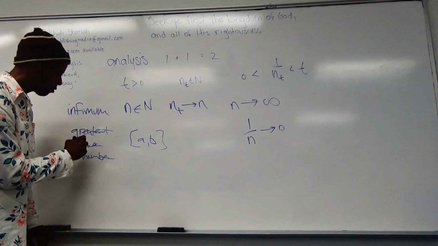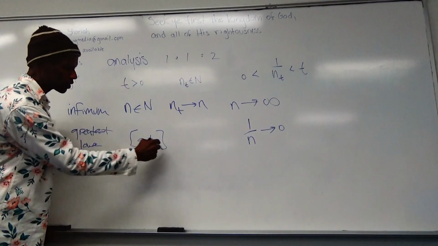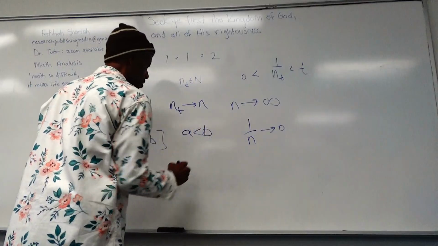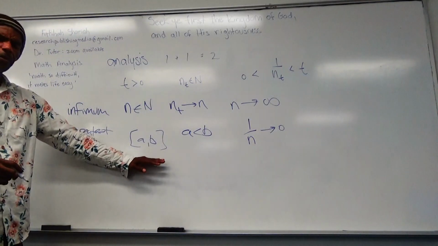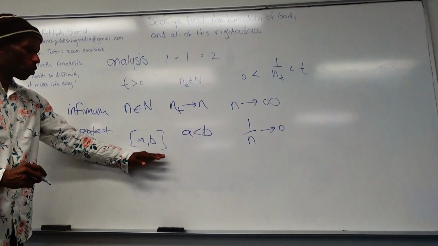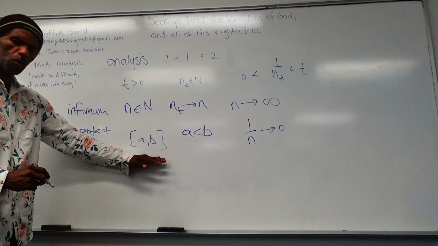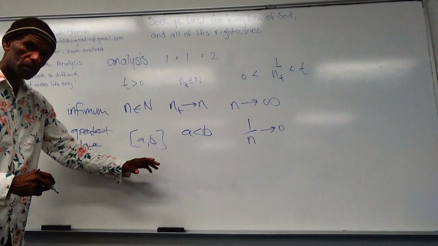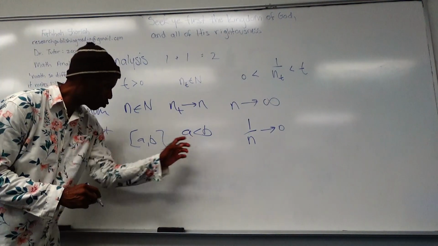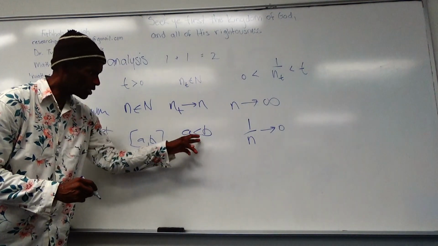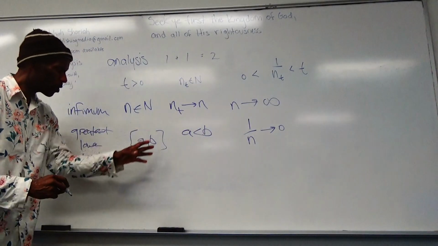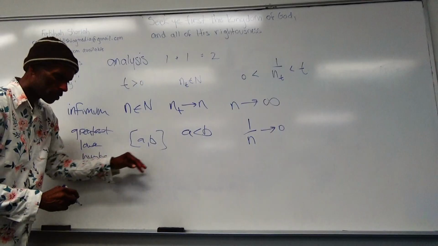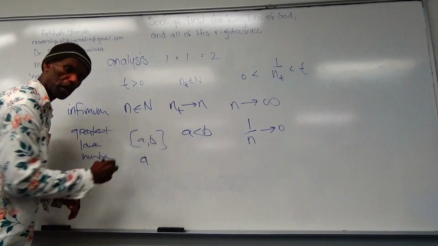Now, the infimum of this right here is what? If we're talking about the greatest lower number, first of all, in this closed set AB with A less than B, what's the lowest number in this closed set? Well, because it's a closed set, we include the numbers in between A and B, but we also include A. So the lowest number in this closed set is A because it's closed.